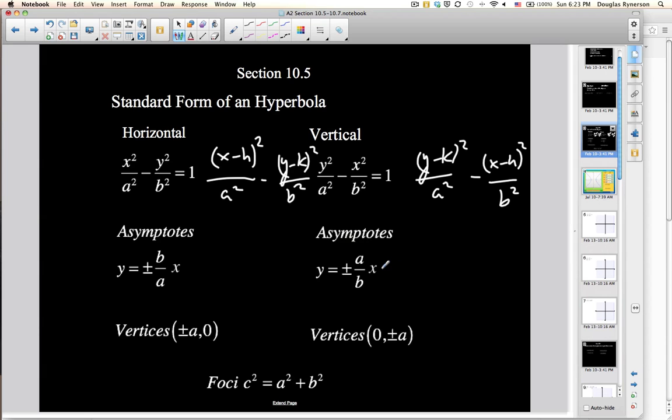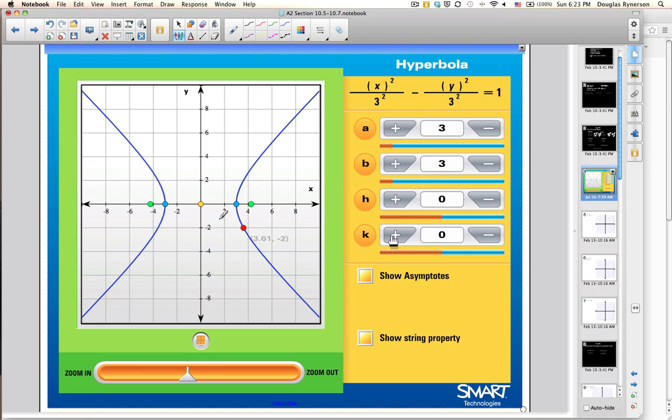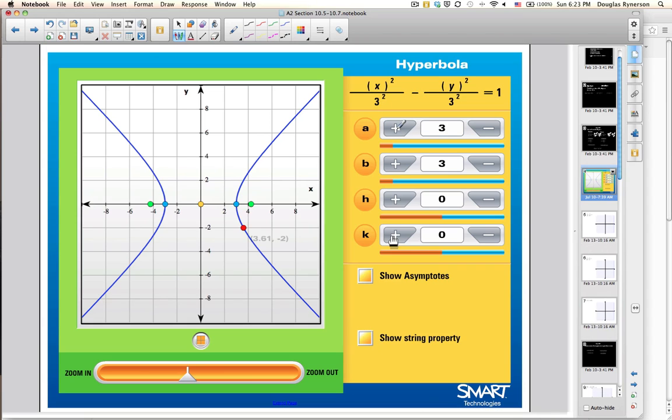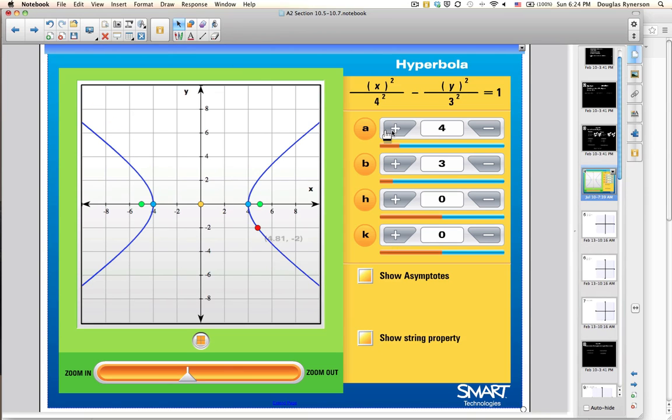So taking a look at hyperbolas, this is a hyperbola centered at 0, 0, and I want you to understand the relationship that the different values have. So this is horizontally oriented, so the denominator under x is a squared, and you see that if I change the values of a squared, it moves the vertices out.